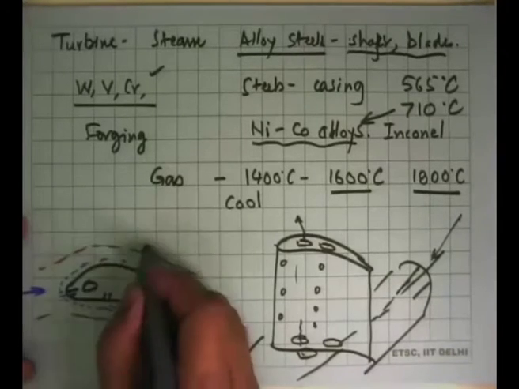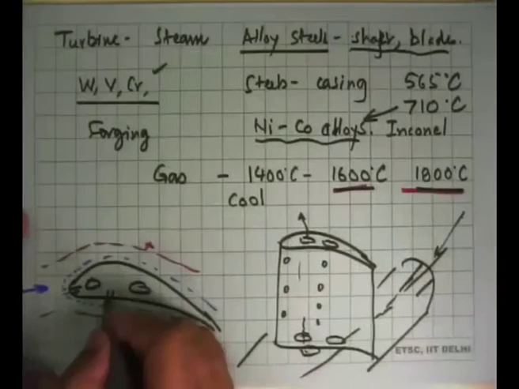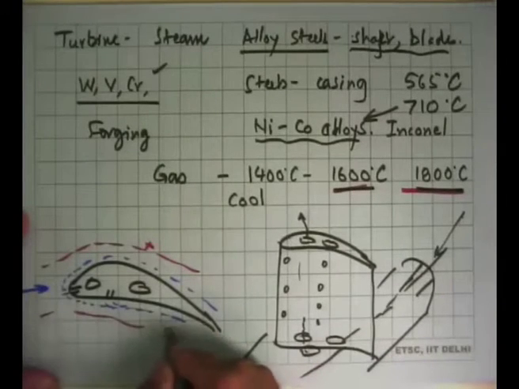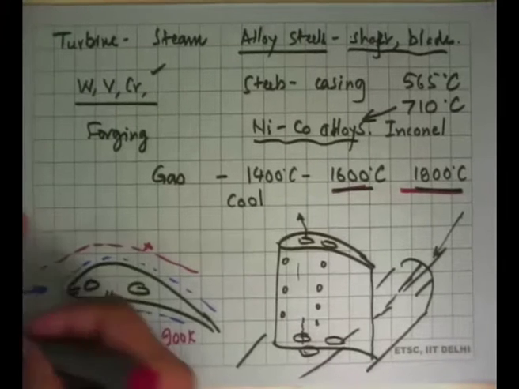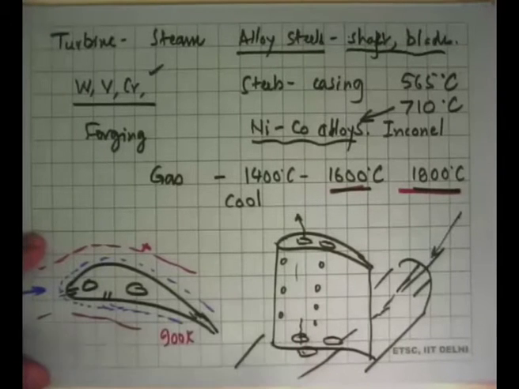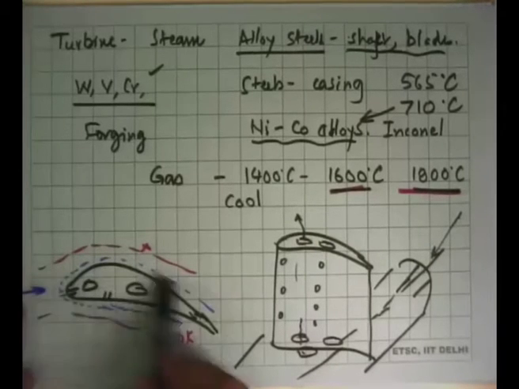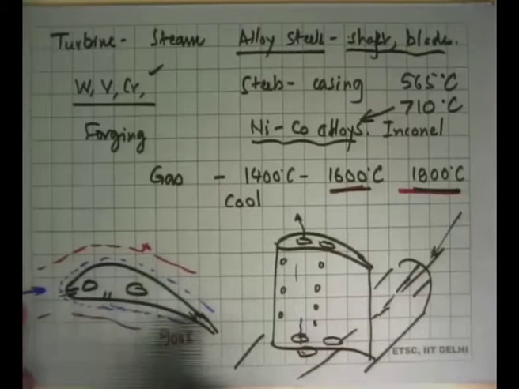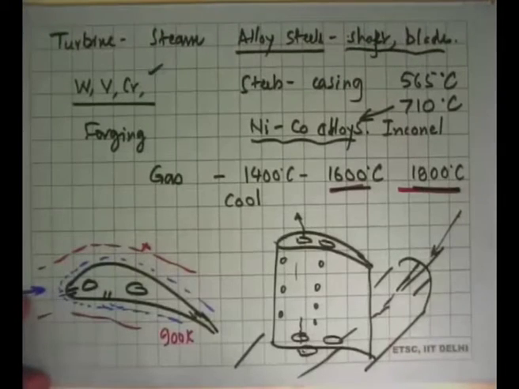So the temperature here is what I mentioned, 1600, 1800 degrees Celsius. This air that is coming out is about 900 Kelvin or something of that order. And so the surface of the blade has, some air is also put out to the back part here. So this is sort of an open here. So there you have a blanket of cold air surrounding this blade, so that the material temperature in this does not go anything like 1000 degrees Celsius or even less than that.